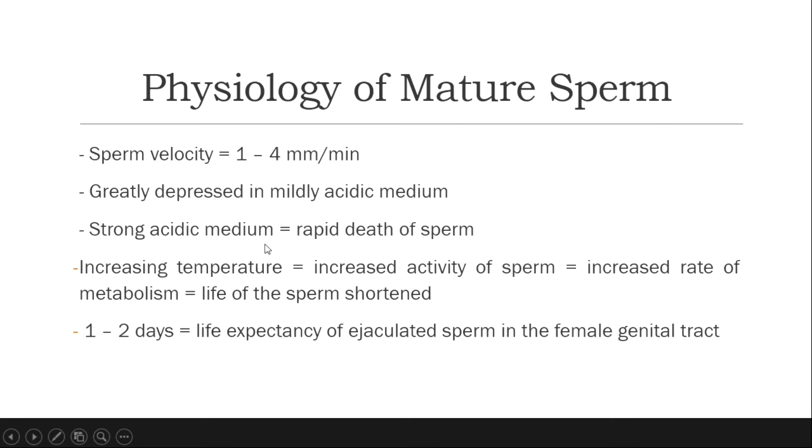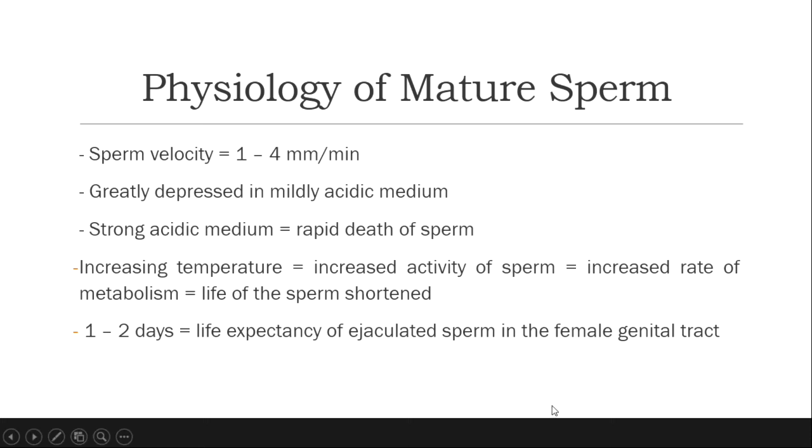So also, increasing temperature. So, kapag increase yung temperature, mag-i-increase yung activity ng sperm. Pag nag-increase yung activity ng sperm, mag-i-increase yung rate na metabolism. Kapag mabilis yung metabolism, yung life of the sperm will be shortened. Kasi, di ba sinabi ko sa inyo, yung located in the flagellum is mga different mitochondria that will produce ATP, di ba?